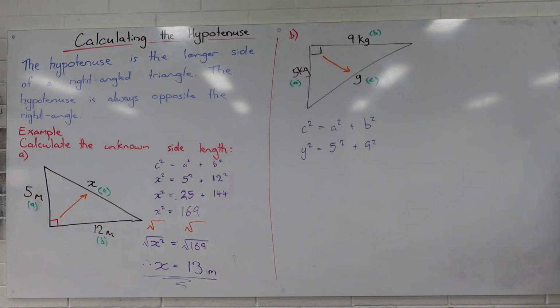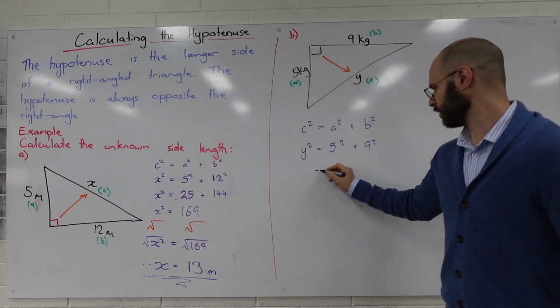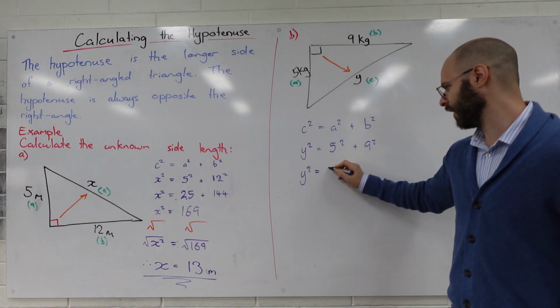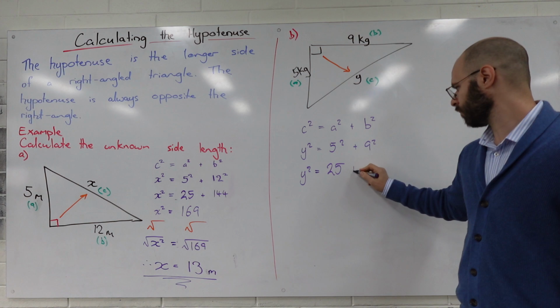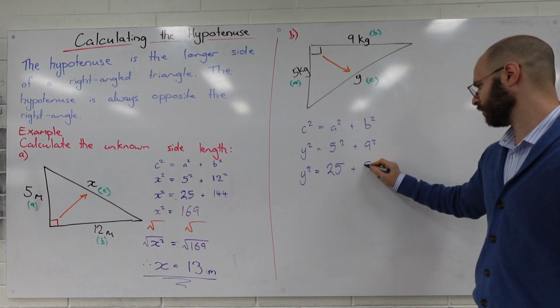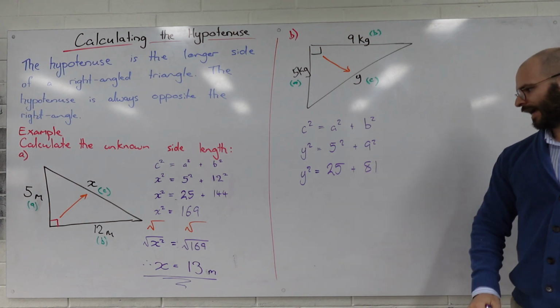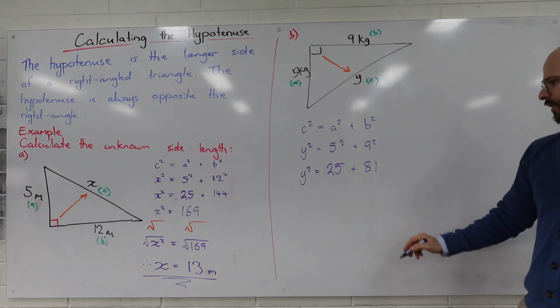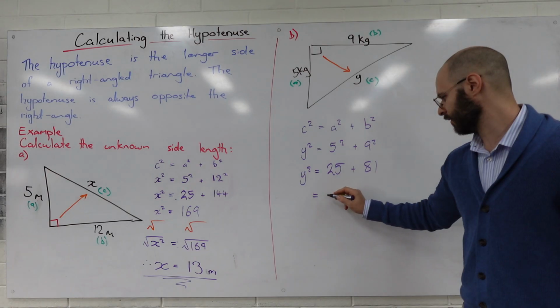Next, we compute what we can. y squared is 5 times 5, which is 25, plus 9 times 9, which is 81. And then, adding 25 and 81 together, we're going to get 106.